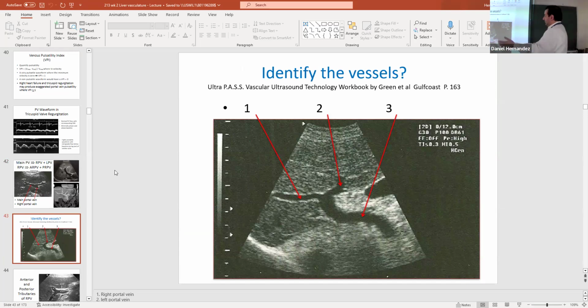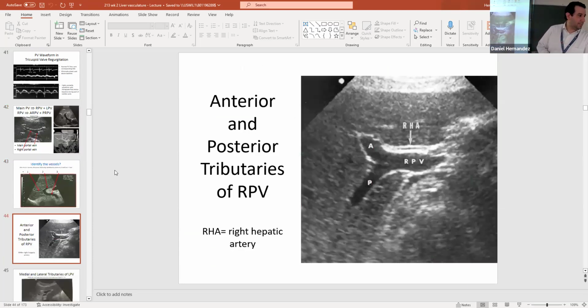So one is your right portal vein, two is your left portal vein, three is your main portal vein. Be aware that your right and left portal veins will further split, bifurcate, and continue to branch as they course and extend out through the liver.